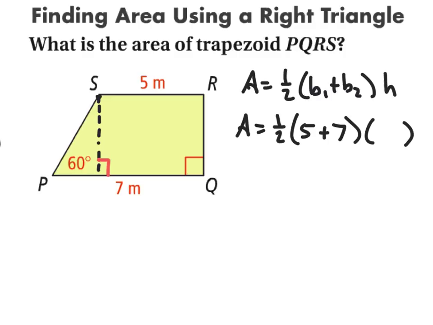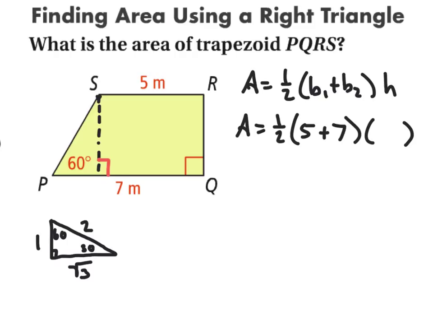That is helpful. We learned way back when a little something about 30, 60, 90 triangles. We learned that all 30, 60, 90 triangles are similar to this triangle: 1, square root of 3, and 2.